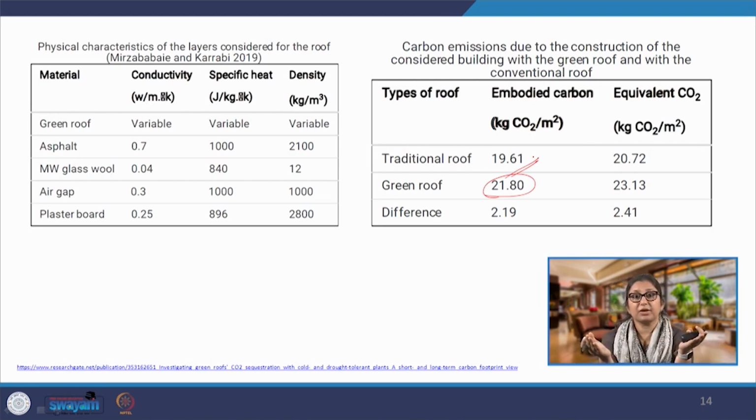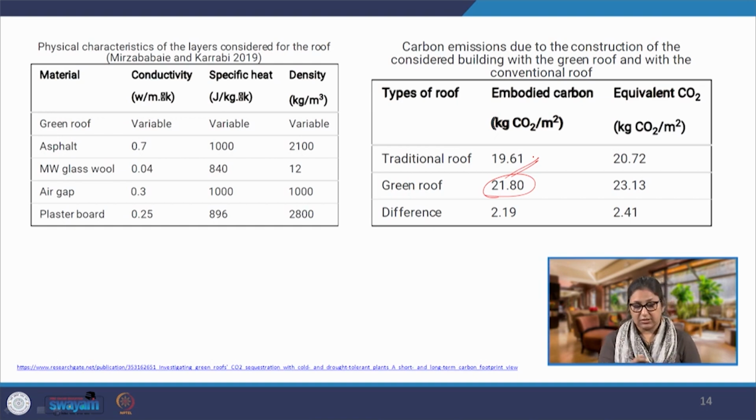How much energy am I going to save from a green roof as it absorbs all the radiation that is incident on it? It creates a cooler indoor environment. So, we have to weigh the emissions at the initial stages against the entire life cycle, where operational energy consumption and the emissions associated with it are also going to be there.